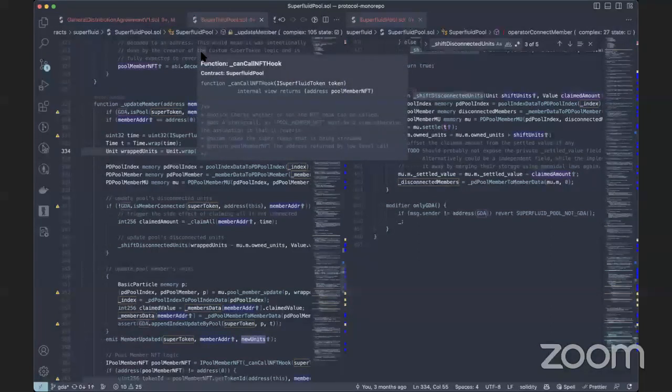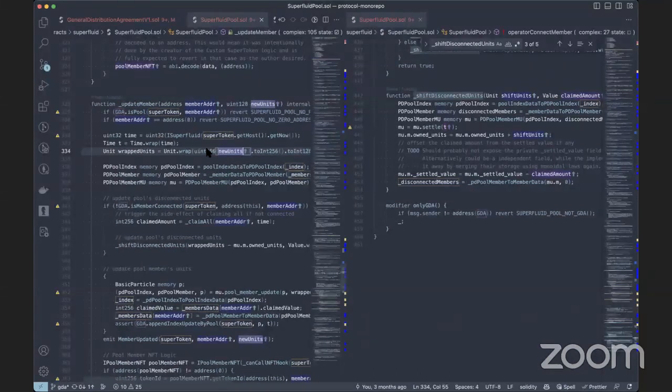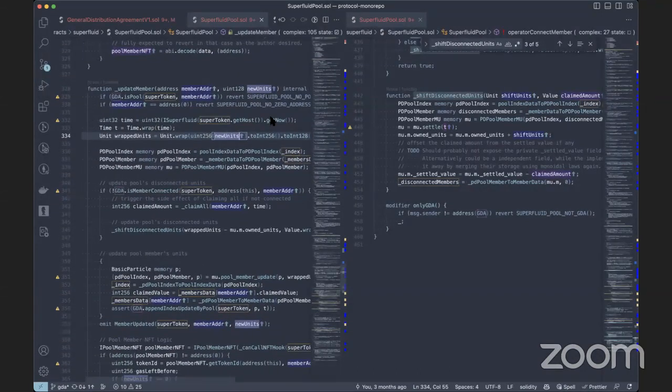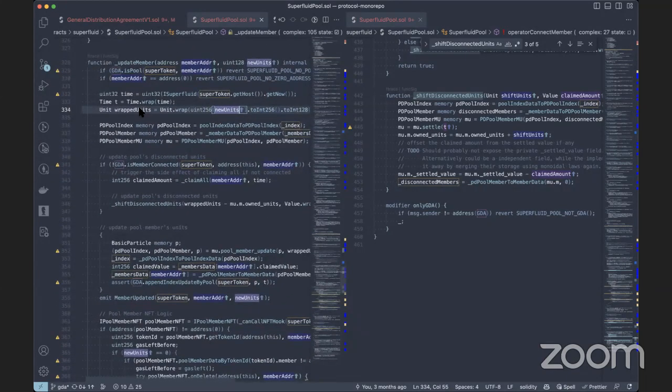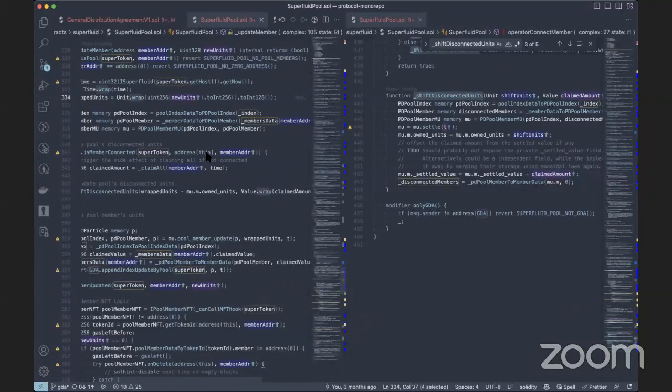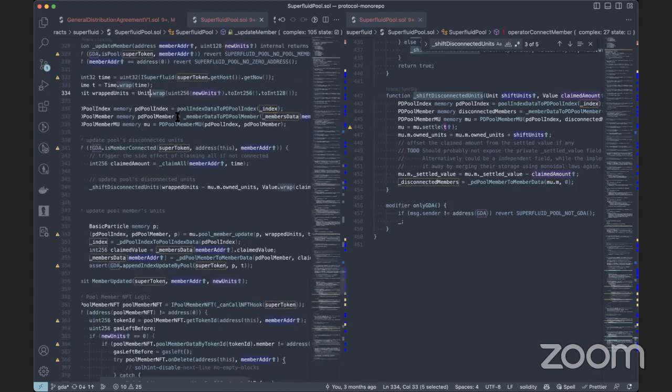So in the update member, you just get the time from the host at first. That's just the block timestamp, but in the future maybe that's something else. There's a lot of wrapping and unwrapping that needs to be done because the semantic money library uses custom defined types.